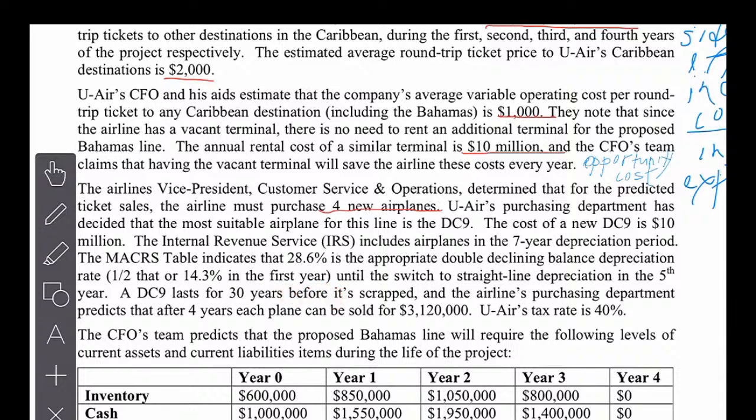Okay, so until the switch to straight line depreciation in the 5th year. A DC-9 lasts 30 years before it's scrapped. Okay, so you've all done your accounting, you're familiar with what to do with this.